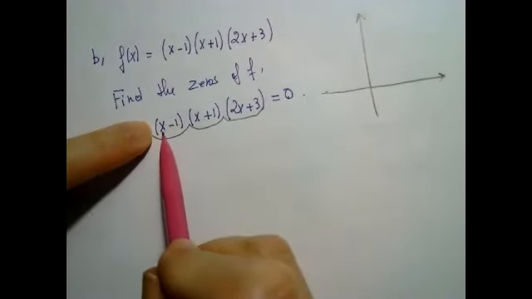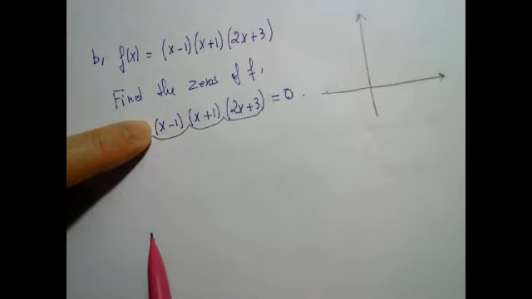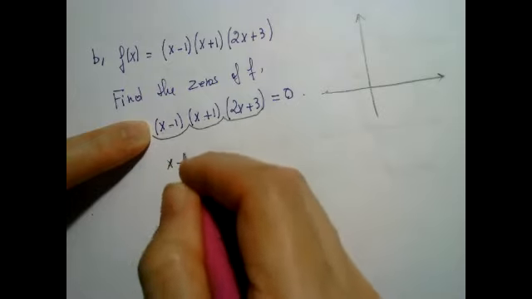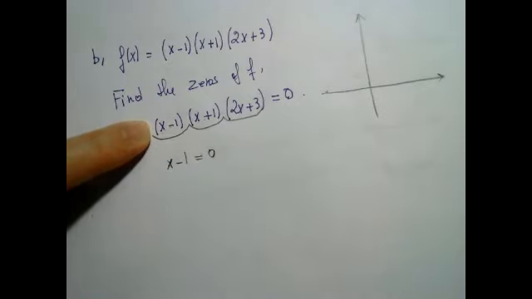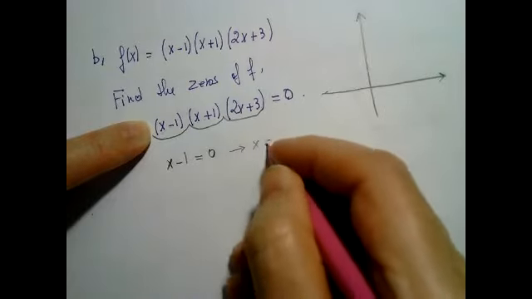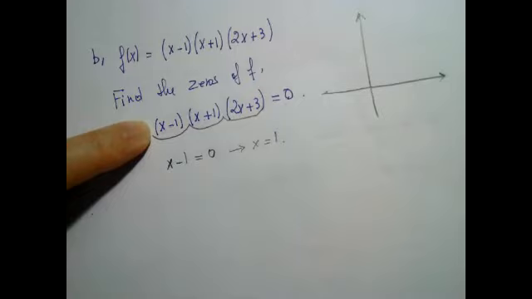Okay, how can this product be 0? Every x that makes the first term 0 will make the whole product 0. Am I right? So how can this be 0? If x minus 1 equals 0, this value will make it 0.